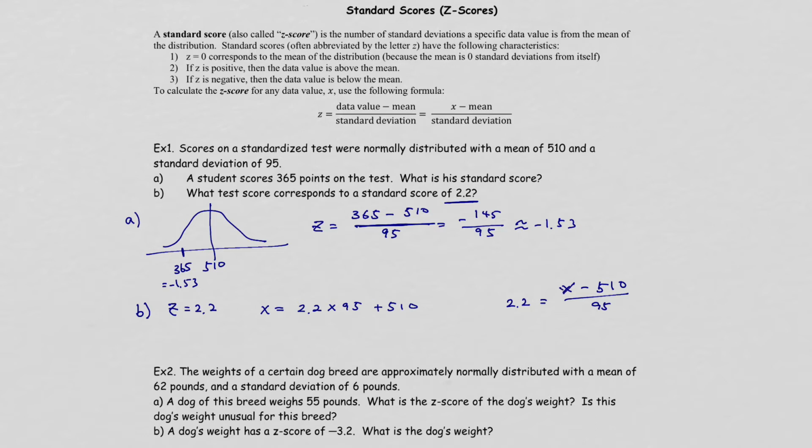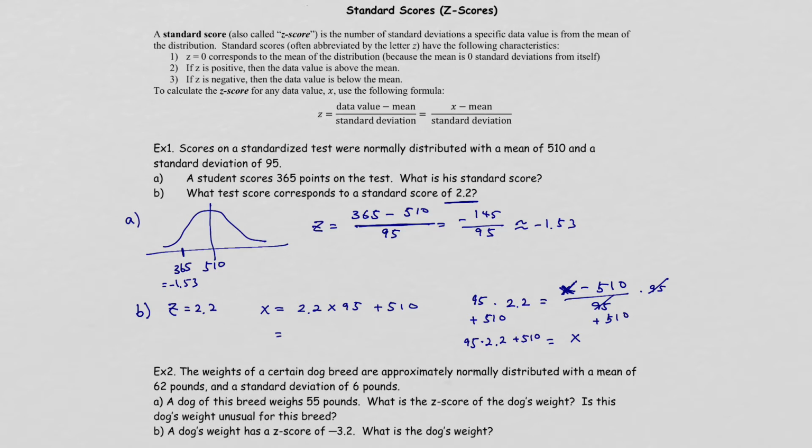In order to solve for x, let's try to get rid of the fraction first. So you're going to multiply by 95. And then get rid of minus 510 by adding 510 to both sides. This gives you x equals 95 times 2.2 plus 510.